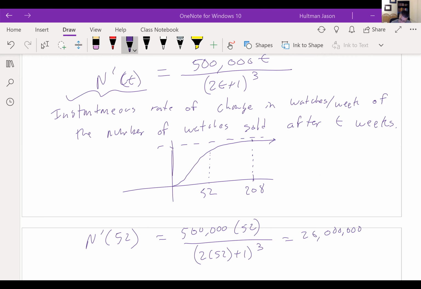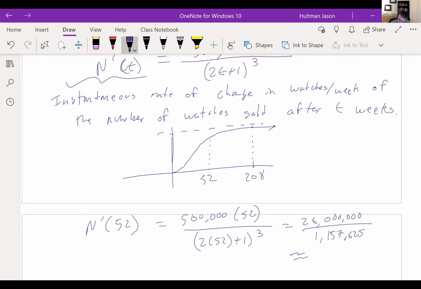Okay, 2 times 52 plus 1. That's 105. Raised to the third power, that's going to be huge. Raised to the third power, boom, that's 1,157,625. Then we're going to divide those two numbers.